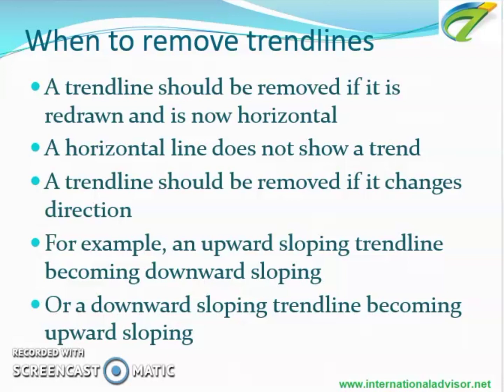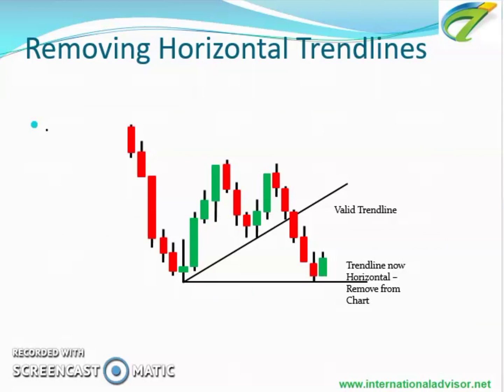Simply, if it's going upward sloping and suddenly it's broken down and becomes downward sloping, of course we'll have to remove the previous one. That's past now. For example, an upward sloping trend line becomes downward sloping and so on, or a downward sloping trend line becomes upward sloping. Like this. Now, this was the previous trend line.